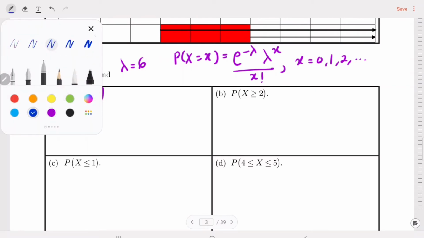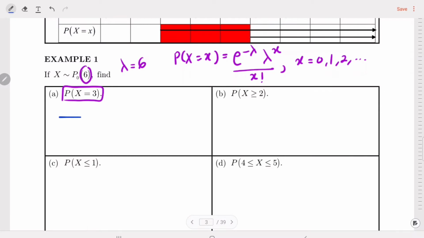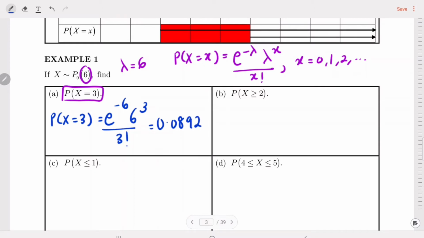We simply substitute x equal to 3 and lambda equal to 6 into the formula. We get the answer 0.0892. This is the first method, by using the formula.